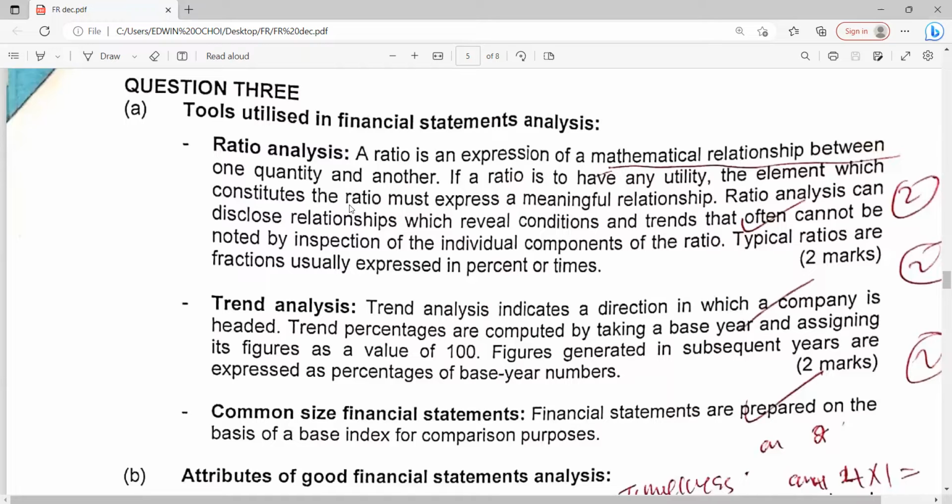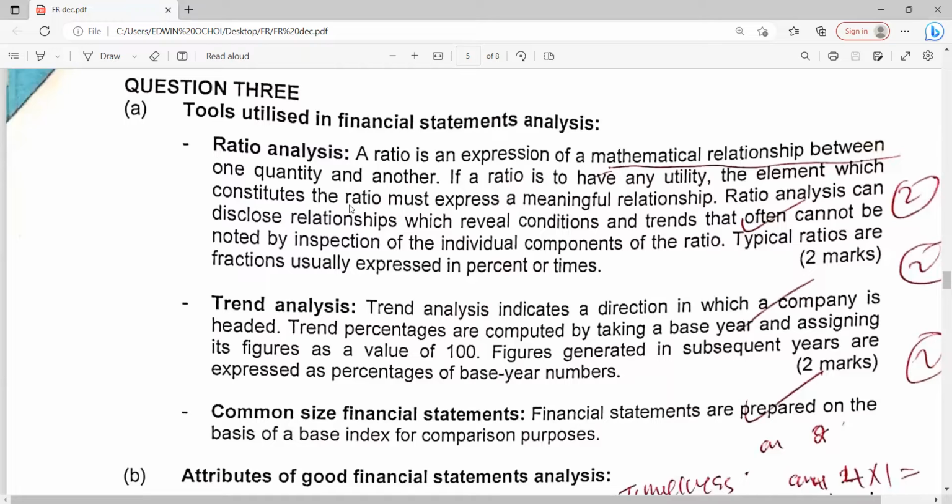Like now, in terms of a return on capital employed, you can be able to see the shareholders value from 2015 to 2016 based on the equation we have done. So using the ratios, you would be able to do the analysis to disclose the relationship, which reveals conditions and trends that often cannot be noted by inspection of the individual components of the ratio.